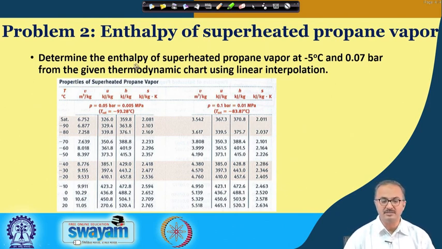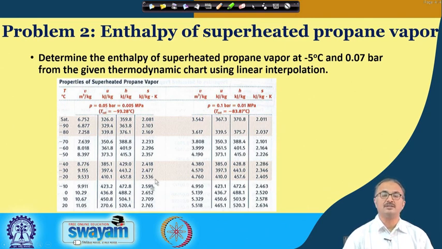So here the problem is that we have to find the enthalpy of superheated propane vapor at minus 5 degrees centigrade and 0.07 bar. Now here you can see that this minus 5 degrees centigrade does not exist in this temperature table, and this 0.07 bar is also not there. So it is 0.05 bar and 0.1 bar.